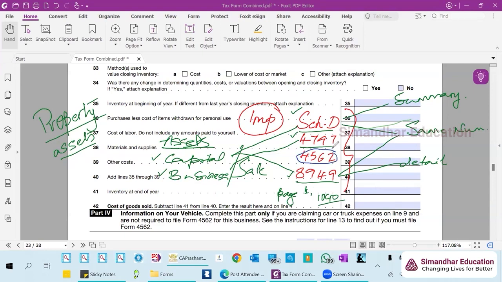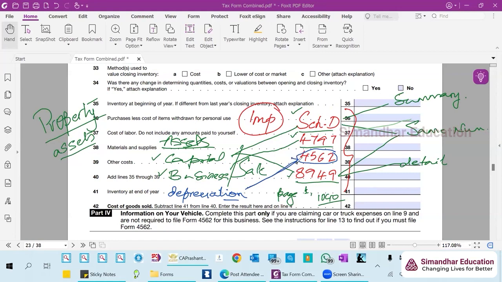My lovely 4562. Now, what about 4562? Whenever we have a business asset, there is something called depreciation that we do, right? Meaning I have an asset and I have to depreciate it. Now, meaning I have a depreciation expense, right? Now, where should I report the depreciation expense?